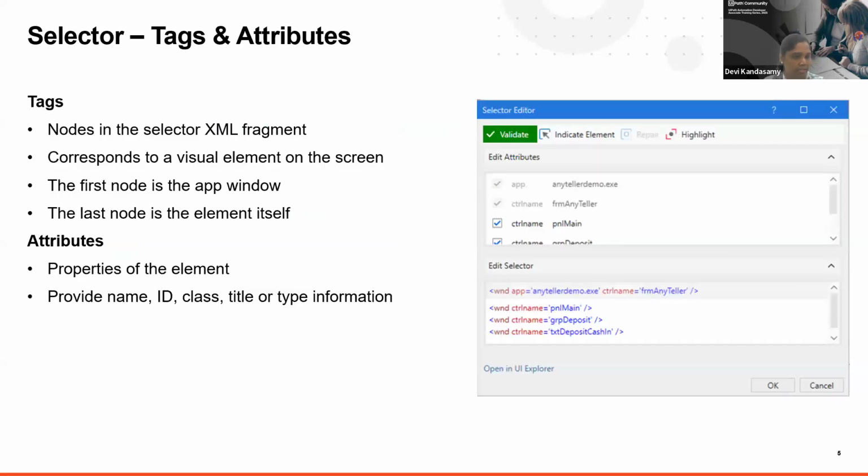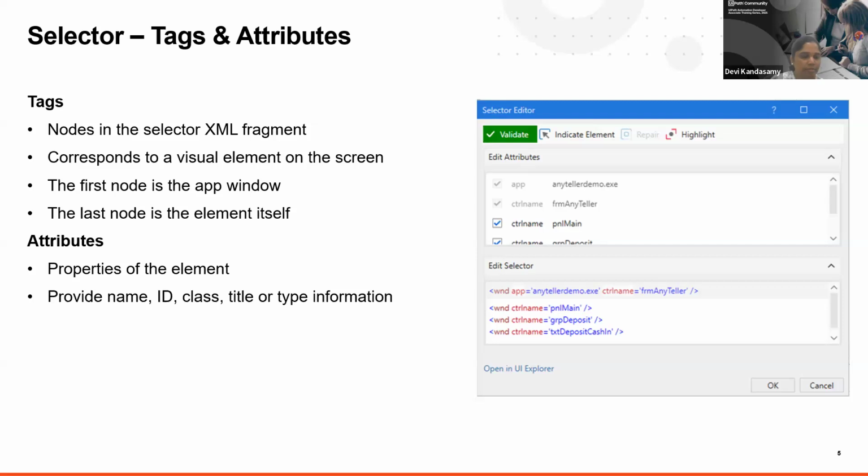When we talk about selectors, what do they mainly contain? They are composed of tags and attributes. The tags are the nodes in the selector, and they correspond to the elements that you actually see on the screen. The first node represents the app window itself.